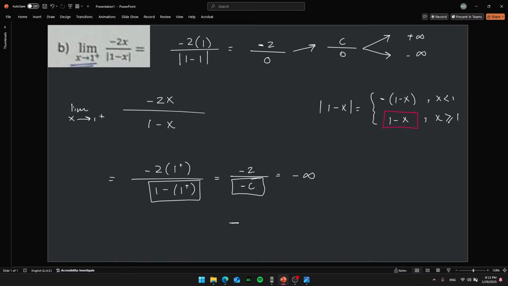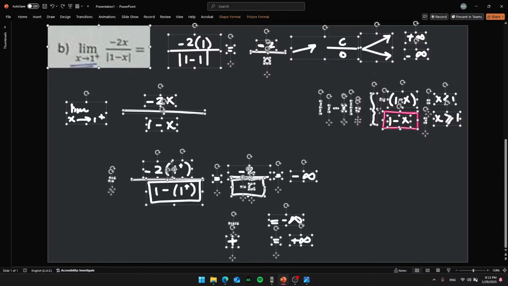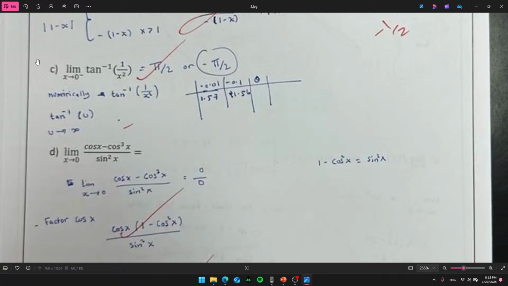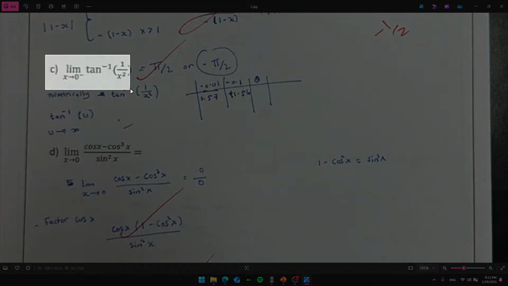If it's negative, then the answer would be negative infinity. If it's positive, then the answer would be positive infinity. Don't cancel the negatives out. That's the mistake that I've made. Yep. So, yeah, that's for this question. Next question.